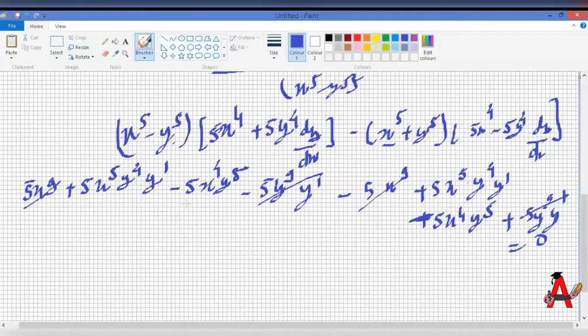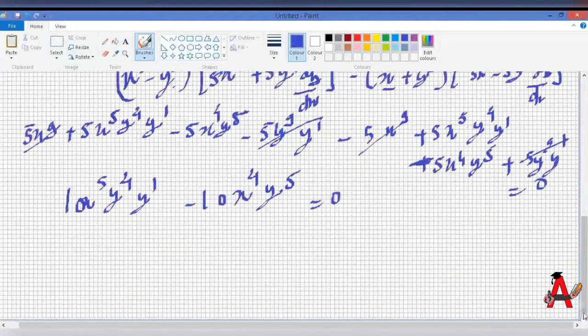So what remains is, let's put all y dash together: 5x^5 y^4 y dash and 5x^5 y^4 y dash, which means it is 10x^5 y^4 y dash, and what remains is minus 10x^4 y^5, equal to 0.